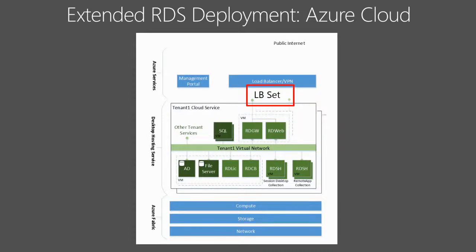And then you'll see that the two VMs that run our RD Gateway role service, each of them has an endpoint, and I have to put them in a load balance set, right? And the availability sets are going to be every pair of role services, right? So my RD Web Gateway VMs have to be in one, my SQL VMs have to be in one, and so forth.